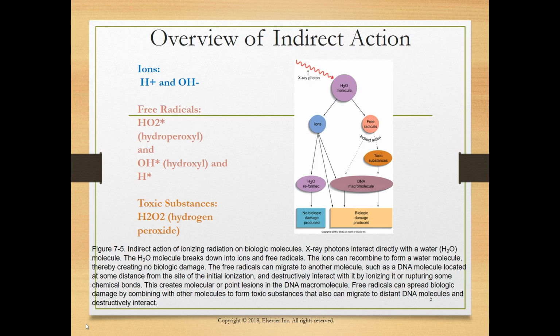The hydroperoxyl radical and the hydrogen peroxide are believed to be among the primary substances that produce biologic damage directly after the interaction of radiation with water. So something to remember, essentially all the effects of low LET irradiation in living cells result from indirect action.